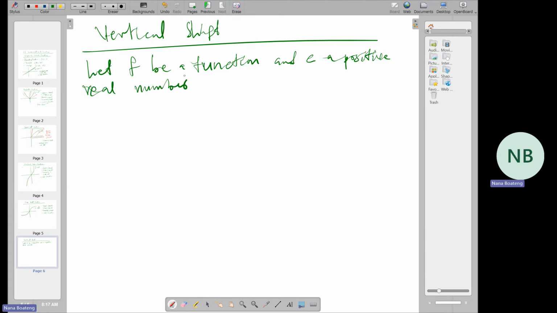When we have a transformation y is equal to f of x plus c, we say the function is shifted c units vertically upward.